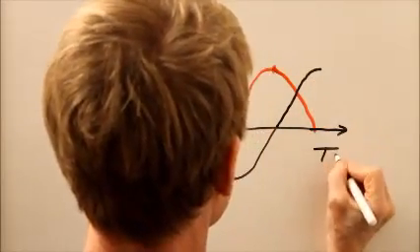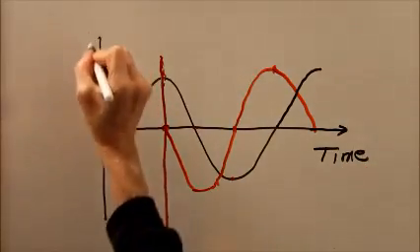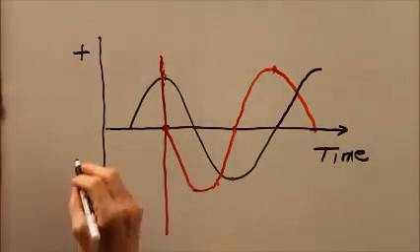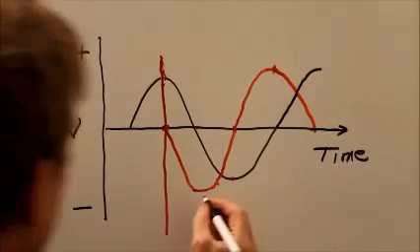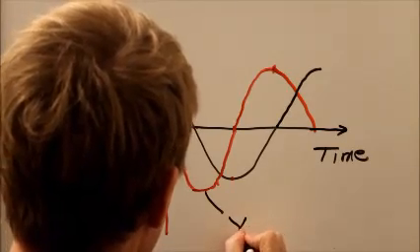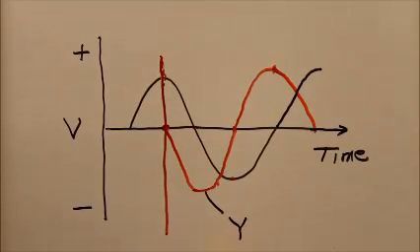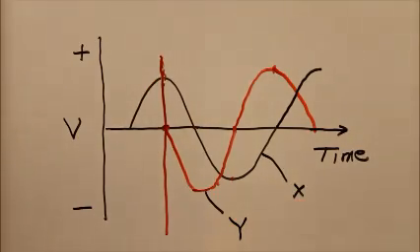Time goes like this. Voltage, positive and negative like that. So this, let's call it wave Y, is the derivative of wave X. Okay, fine.